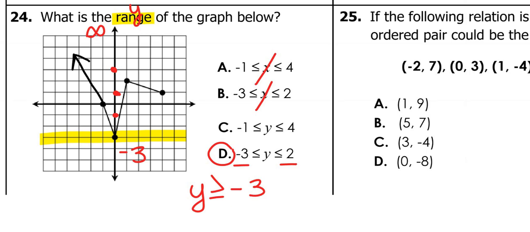So you have to make sure you pay attention to the end behavior of your graph. Are there arrows? Because the arrows mean they continue going up or continue going down. In this case, this graph will continue going up, but it'll also continue going more and more to the left because it's going at a diagonal. So keep that in mind. Let's move on to the next question.